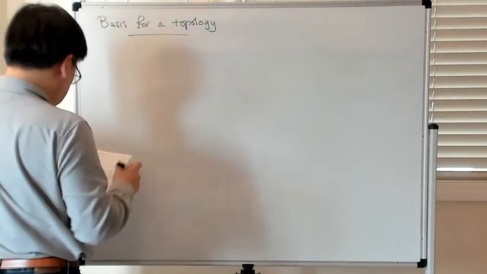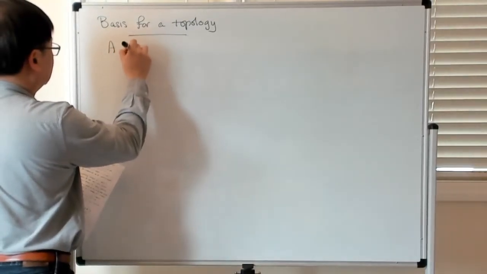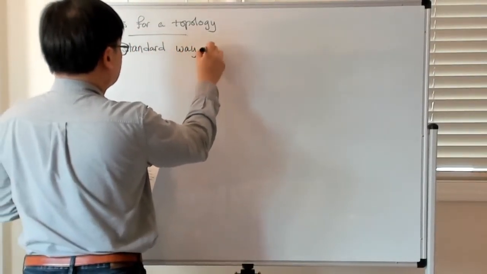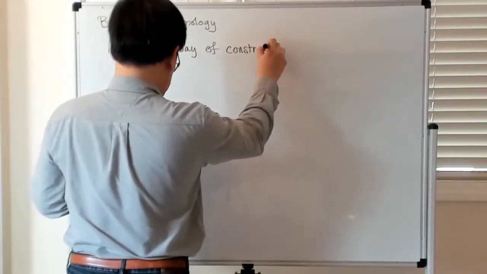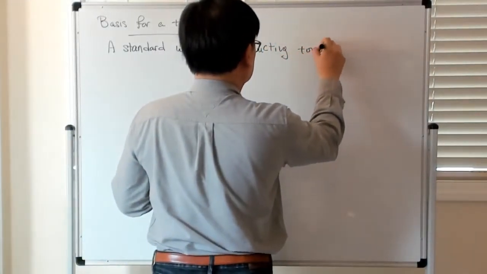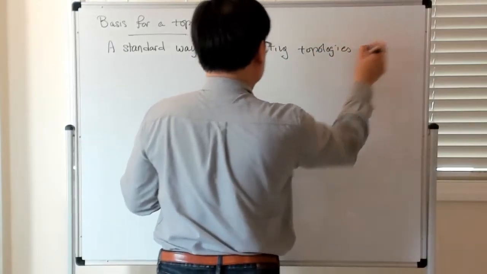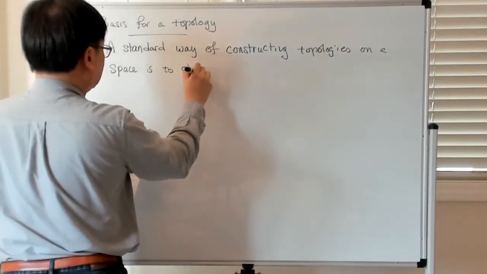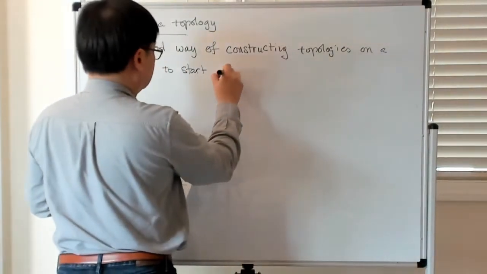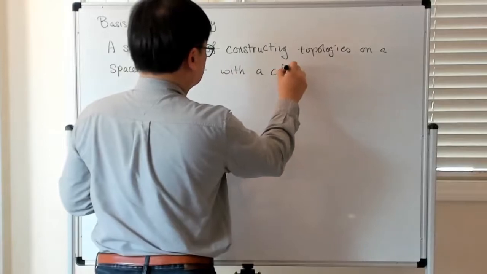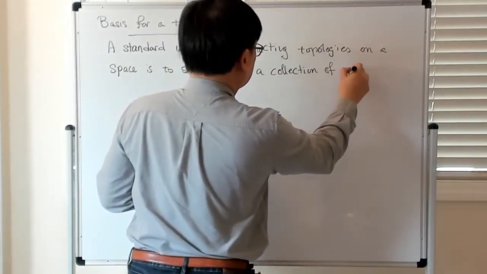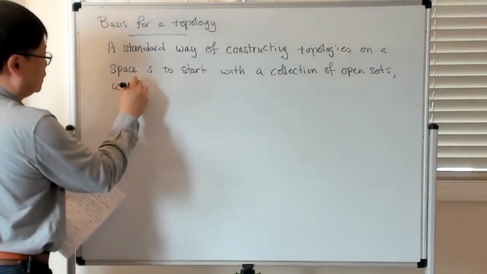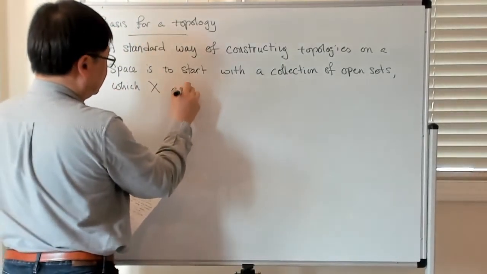Okay, so a standard way of constructing topologies on a space is to start with a collection of open sets, which obviously include the set itself, X, and the empty set.